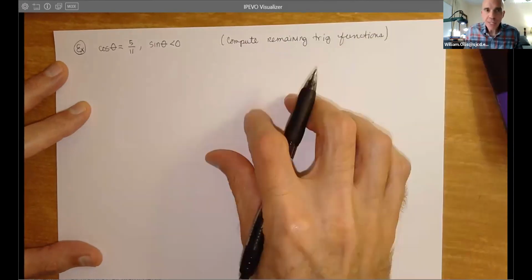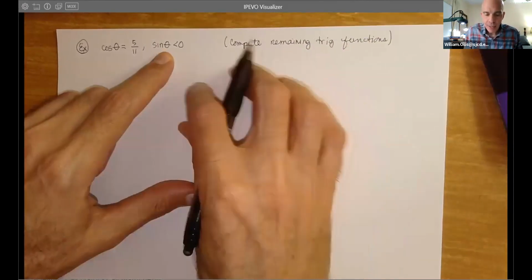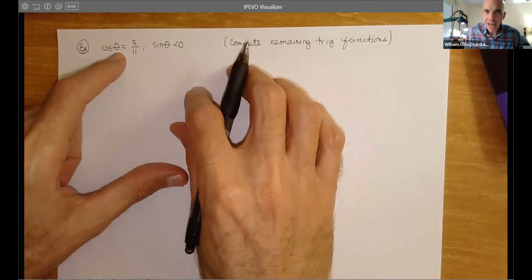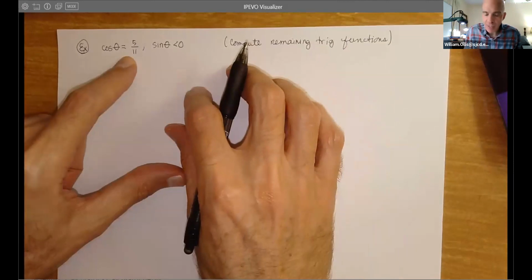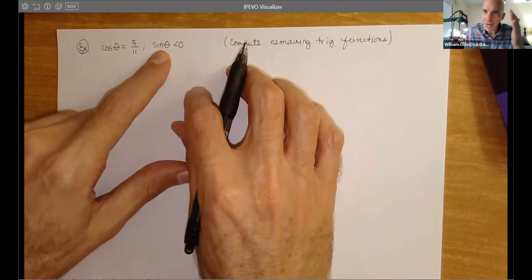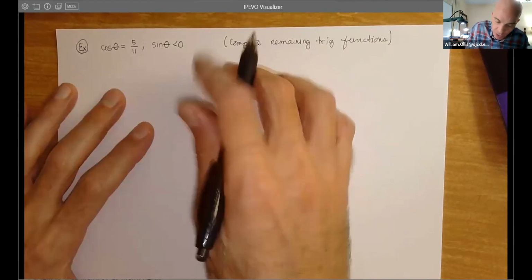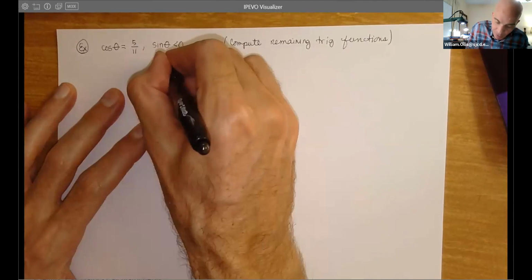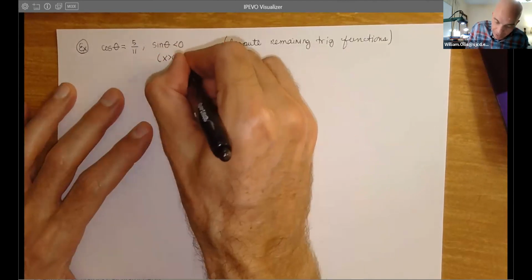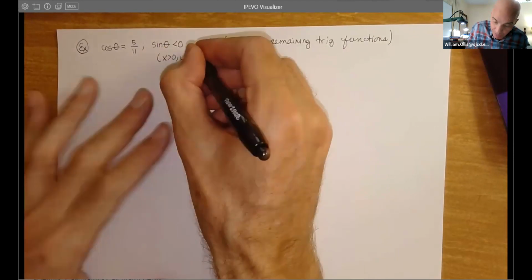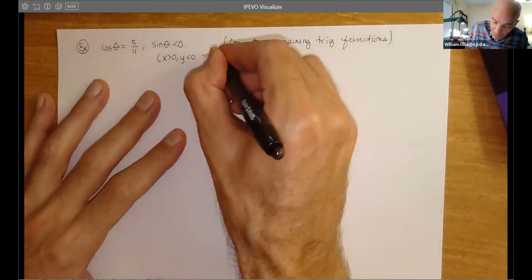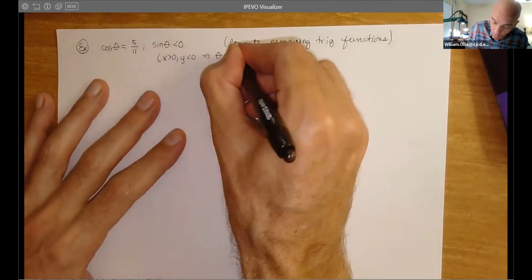Now, if we just analyze this a little bit, we see that the cosine is positive, the x is positive, but here the y is negative. So where x is positive and y is negative, that's the fourth quadrant. So this implies theta lives in the fourth quadrant.